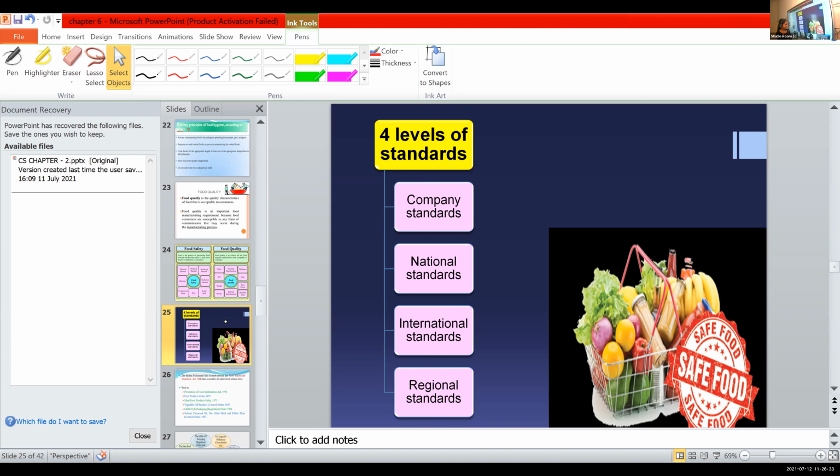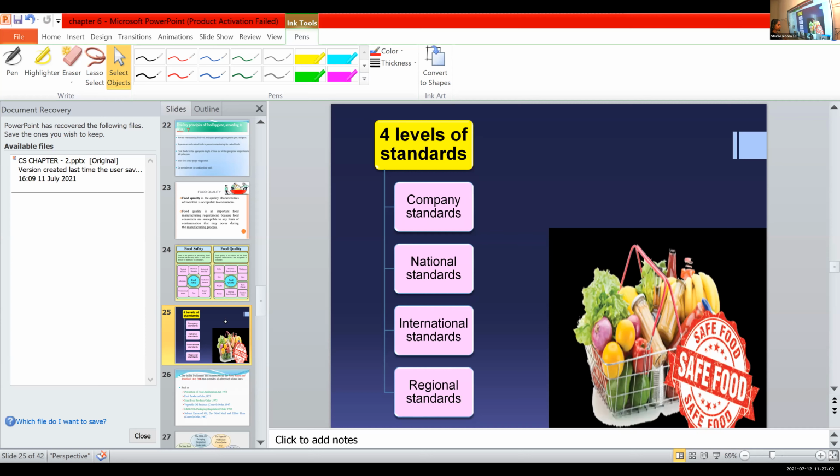Codex Alimentarius Commission, and one more, ISO, International Organization for Standardization. These are the two organizations that basically publish the international standards, not the national.